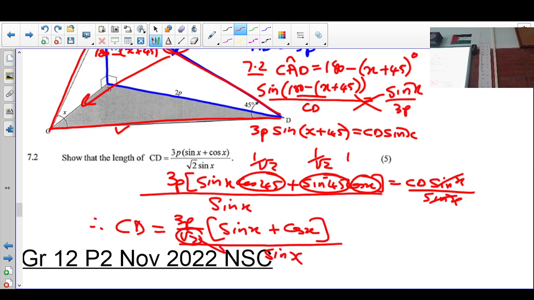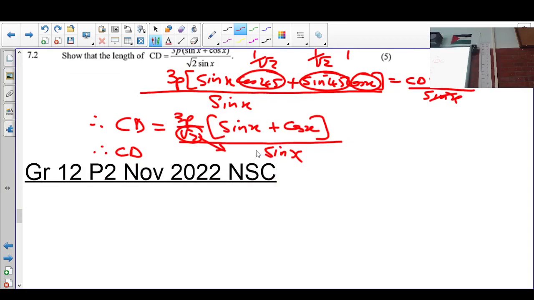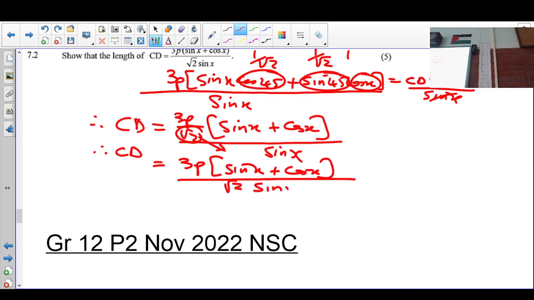Since this is your denominator, it can go to the bottom. Which now will give us, therefore, CD is equal to 3p times sine x plus cos x over root 2 sine x. Okay.